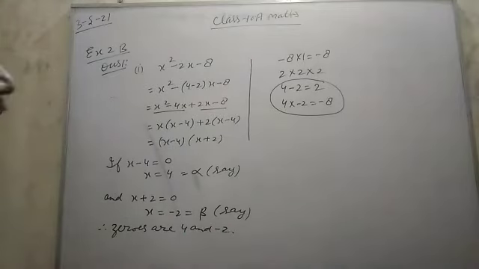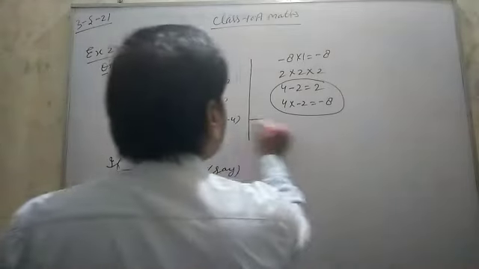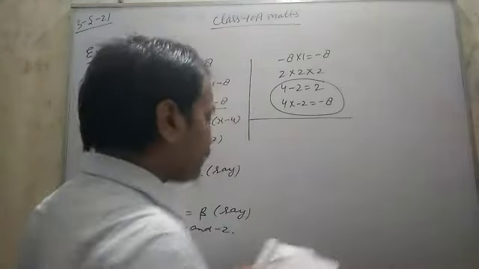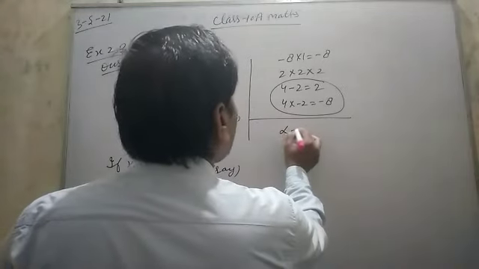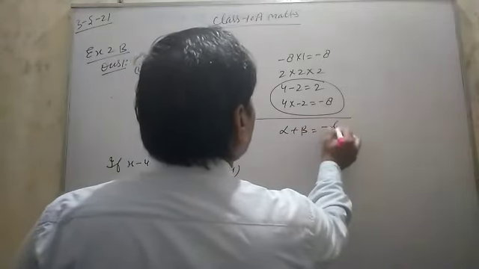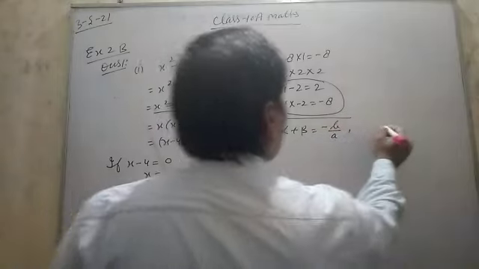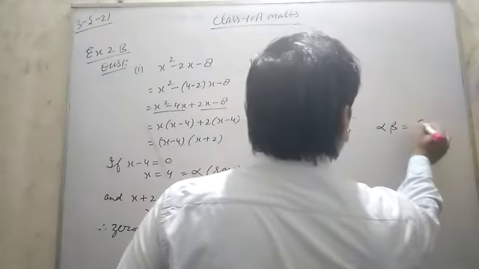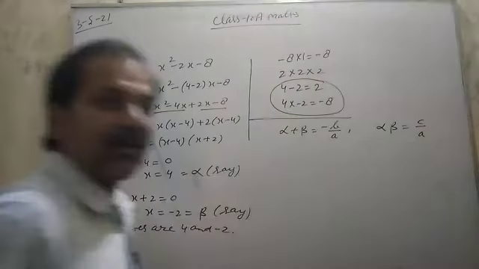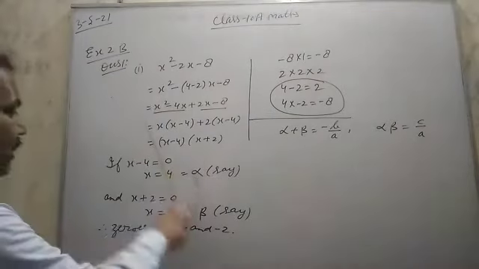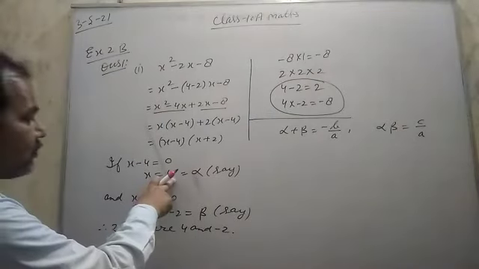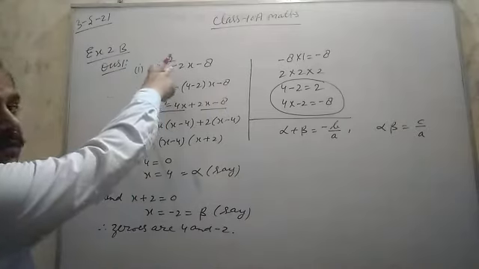First part completed. Then second part, verify the relationship. So we know that alpha plus beta is equal to minus b upon a and alpha beta is equal to c upon a. So alpha and beta here are what you obtained from the polynomial.